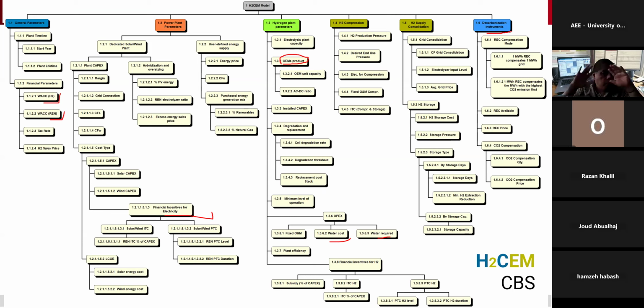I think that is many input variables that cover all possible scenarios in the analysis of the green hydrogen viability.